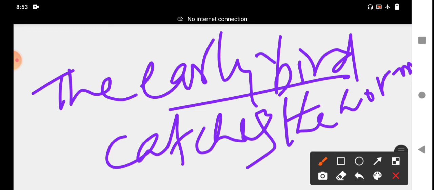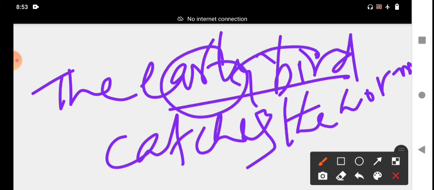Early describes the noun. This is an adjective, not an adverb. I get up early in the morning every day. On that occasion it is an adverb. That means the same word functions as an adjective and an adverb.